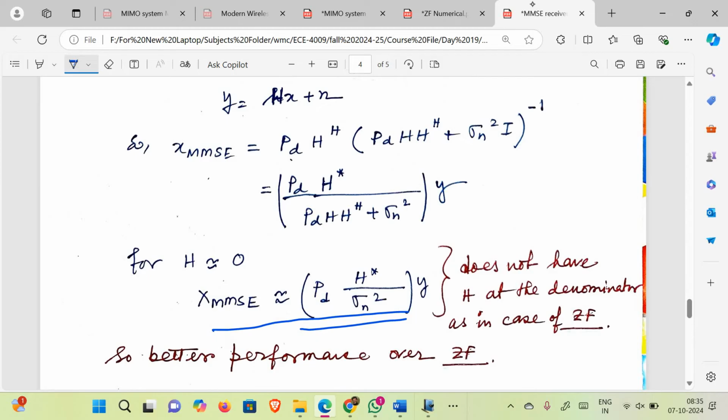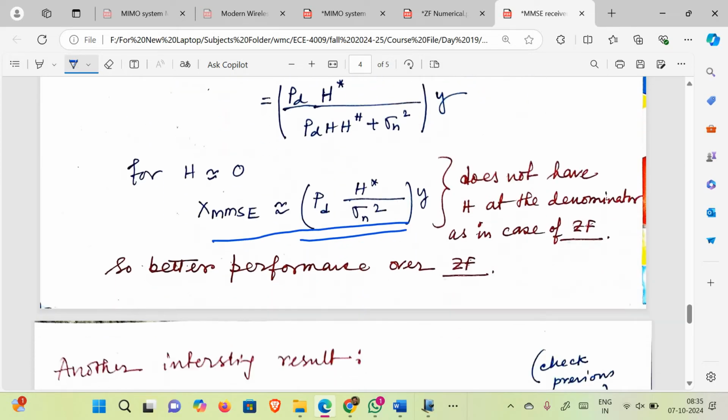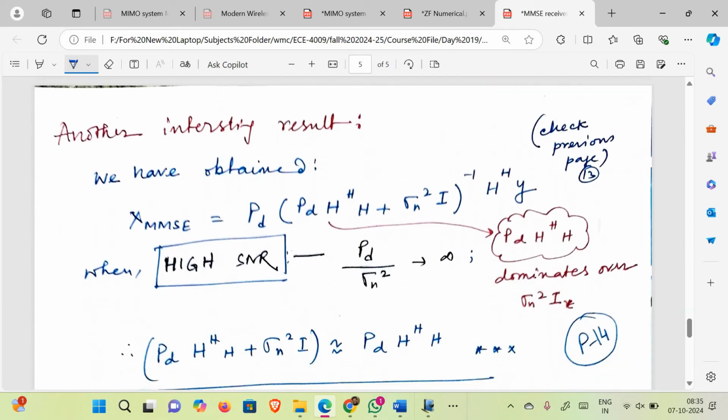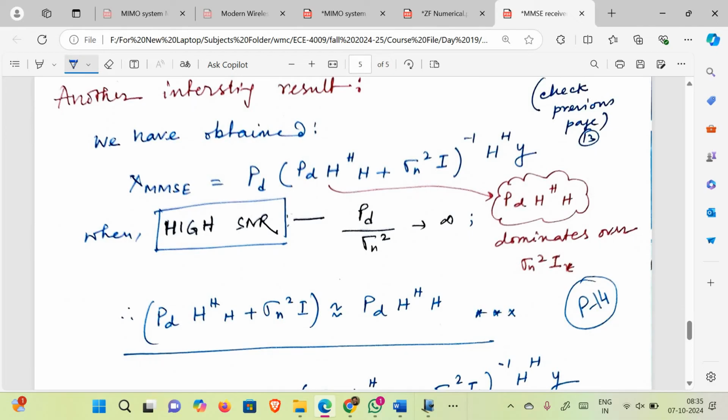The other part that you should take note of is an interesting result, given that we have this equation. Please focus on this carefully. Given this as an equation, when we have a high SNR, when P by sigma n square is tending towards infinity, very high SNR, you should recollect that in many cases we have taken some approximation when the SNR is high.